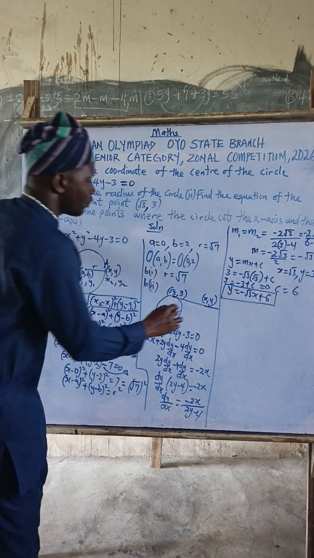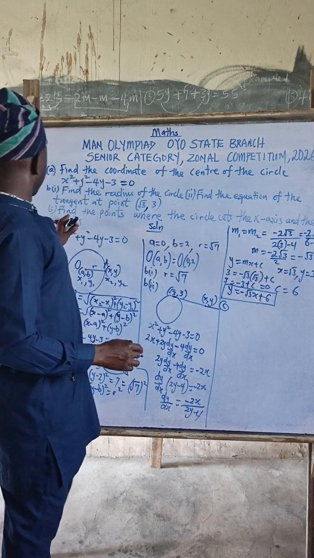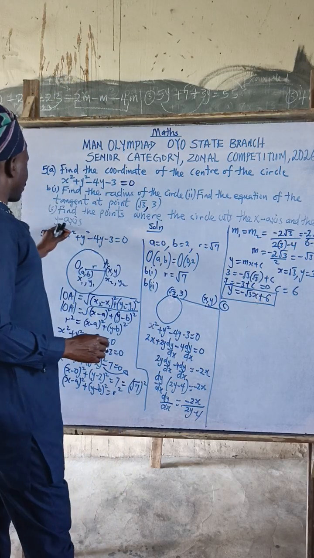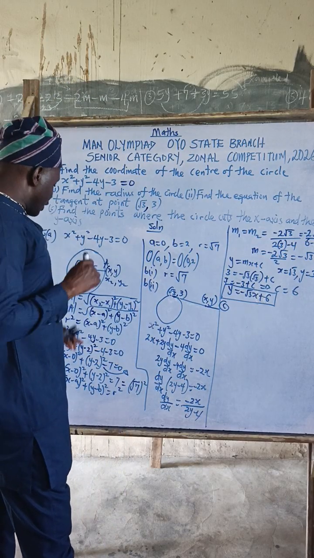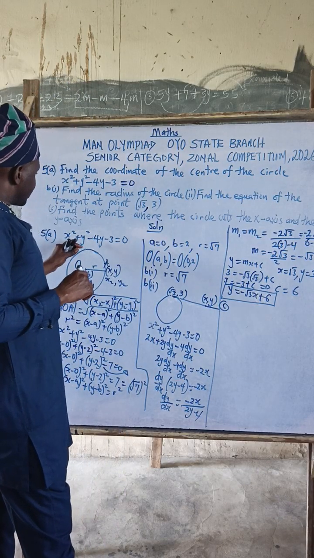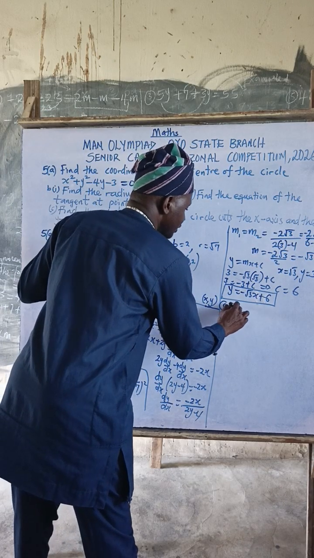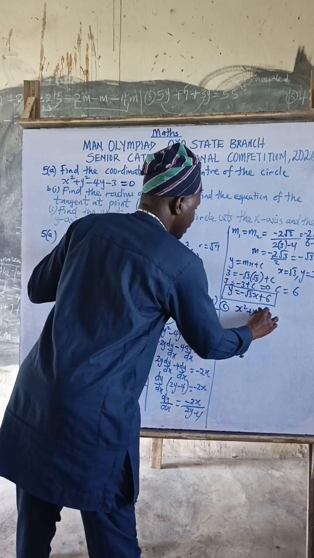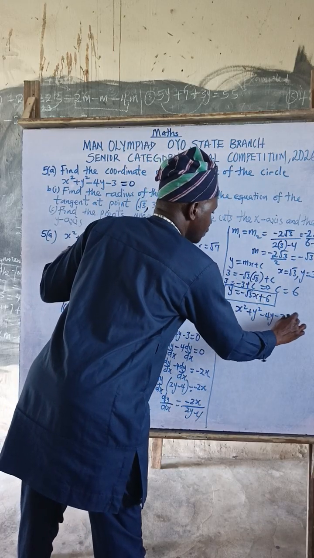Now C, we want to determine C. To determine this, you want to find the points where the circle cuts the x-axis and y-axis. Now the point at which the circle cuts the x-axis, with this given equation, x squared plus y squared minus 4y minus 3 equals 0.